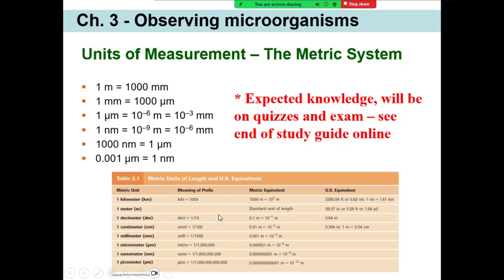And then for weight or mass, we use a gram as the basic unit. And once again, you use the same prefix. We have a kilogram for 1,000 grams, and then a centigram for a 1/100th of a gram. Any question about any of that?